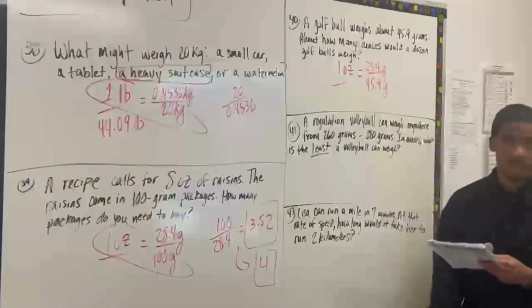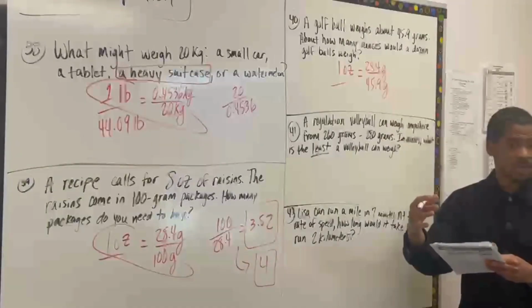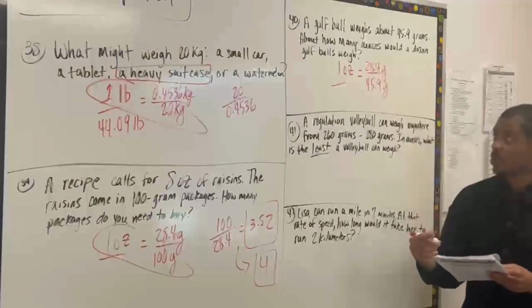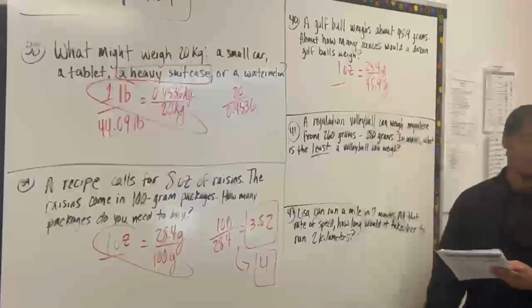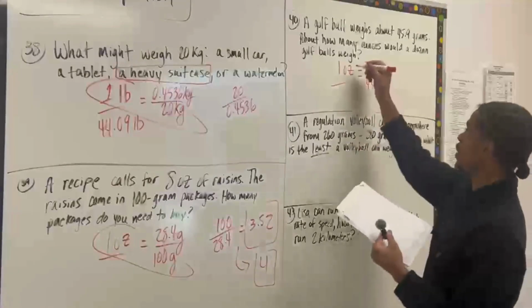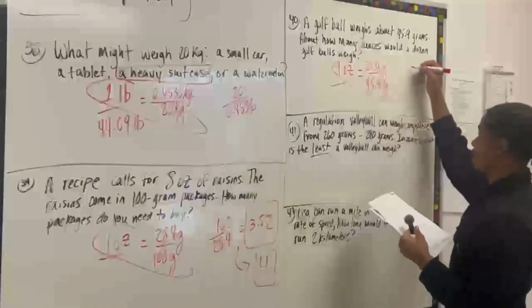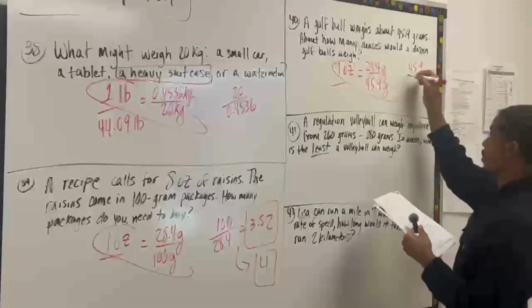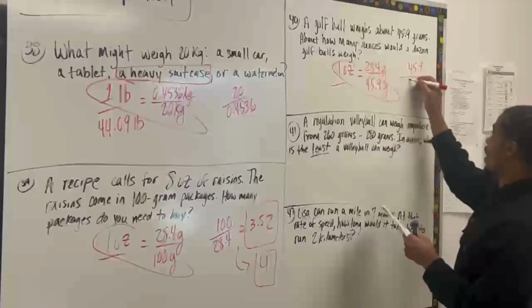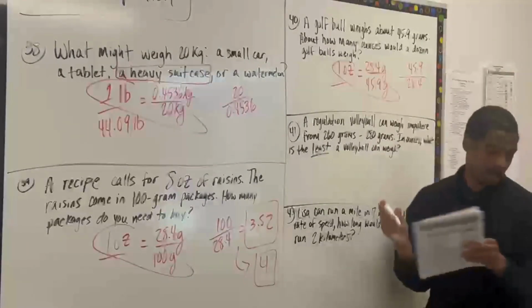Same thing, easy money, y'all. Original conversion, whatever it is in your proportion that you're finding, line them up. Cross multiply. So that would be 45.9 grams divided by 28.4 grams.